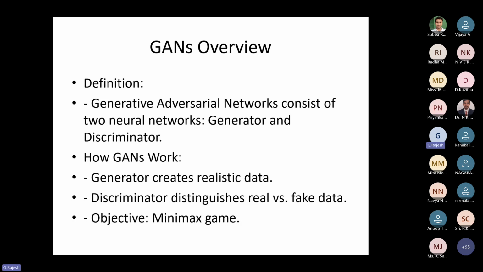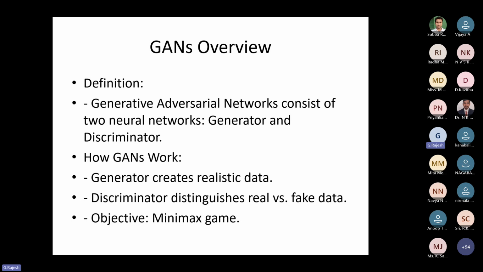The work of the discriminator is to understand how real data looks and how fake data looks, and try to distinguish between them. As the system keeps evolving, the end product becomes better and better.